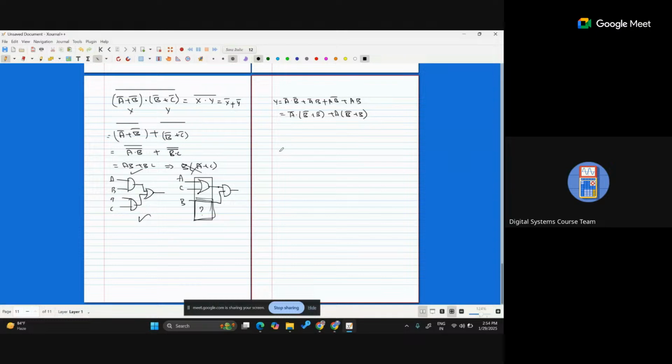Two sums are produced here. One sum is A bar, another sum is B bar plus B. Which law is used here? Can you relate these two things with one law? Distributive. Exactly. So based on the distributive law, we are bringing it up.